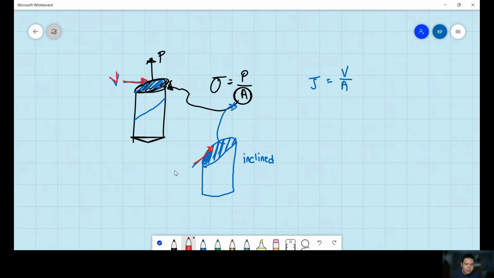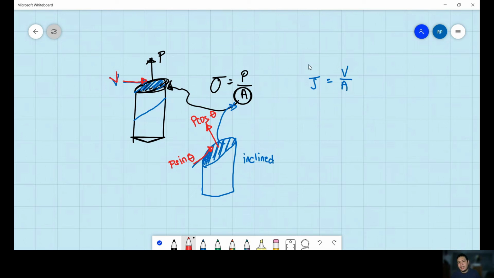So the shearing force, as on our slide earlier, is P sine of theta, and our normal force is P cosine of theta.